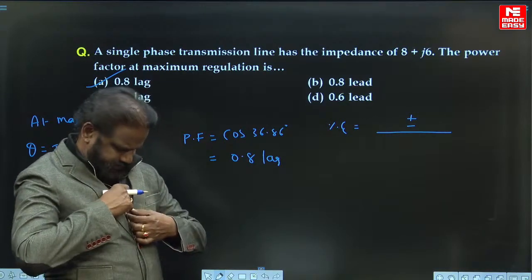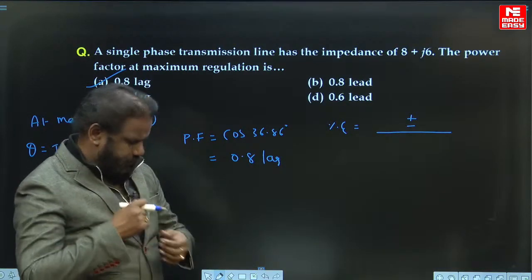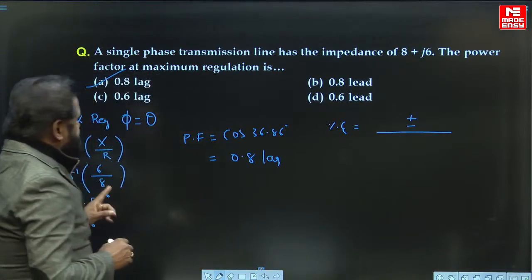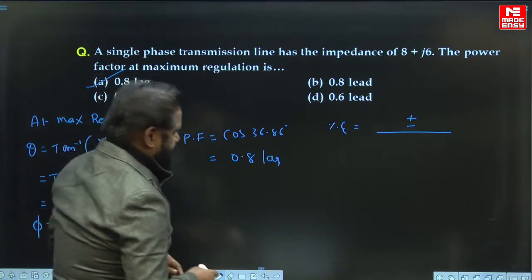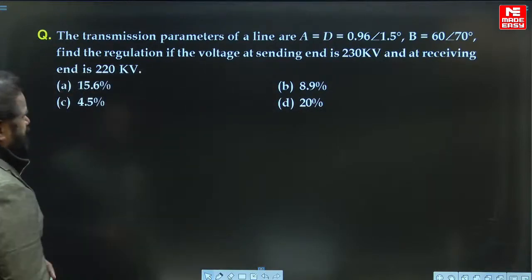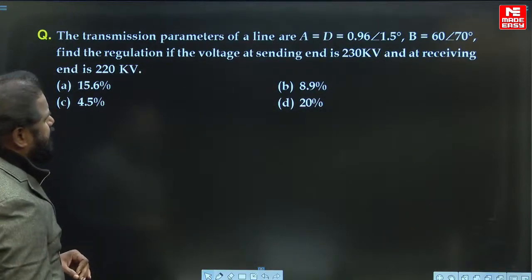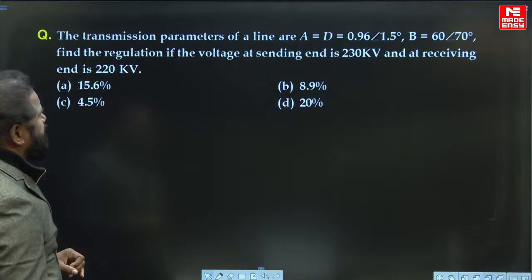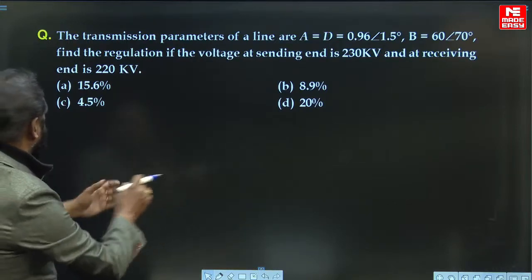Okay, you can go through this one. This is just a simple question. The transmission parameters of the line are A = D = 0. For the regulation, the sending end voltage is 210 and the receiving end voltage is 220.